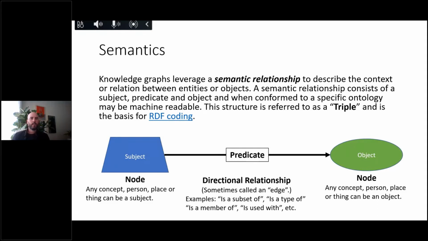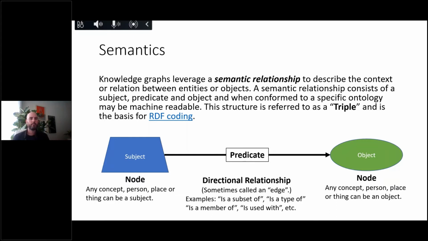So, in a semantic relationship, the subject and the object are connected with a predicate, and the relationship is directional. A subject can be any sort of concept, person, place, and the same thing with an object. It could be any sort of concept, person, place, any type of noun.